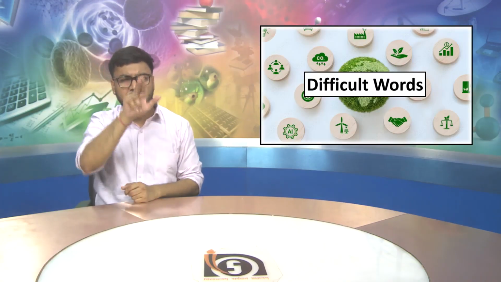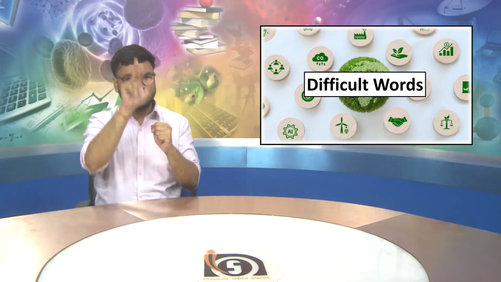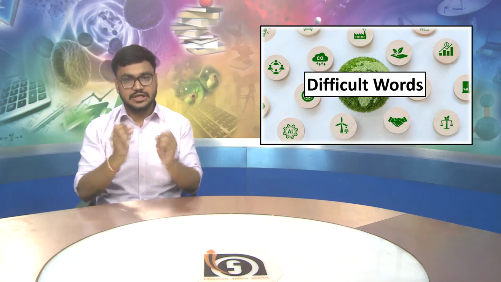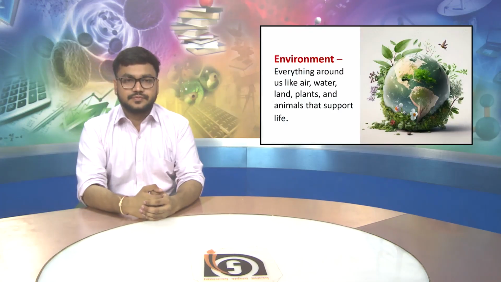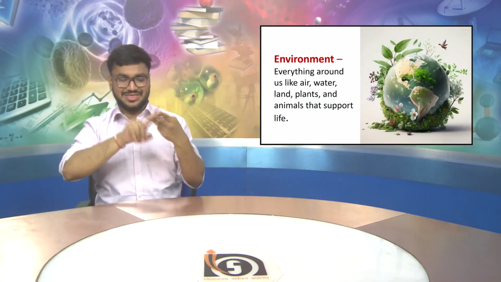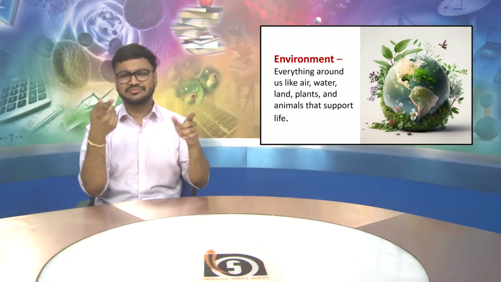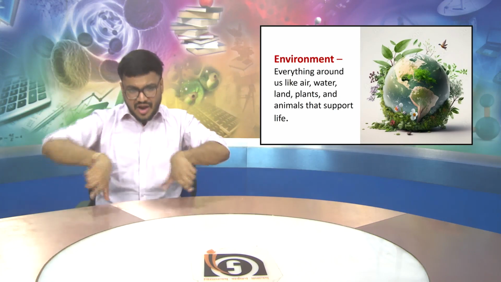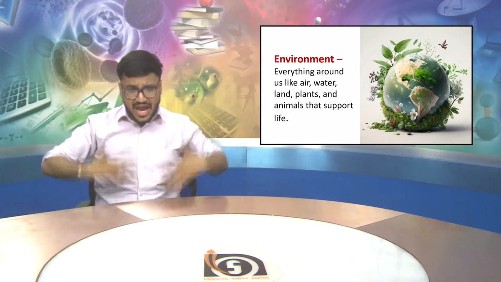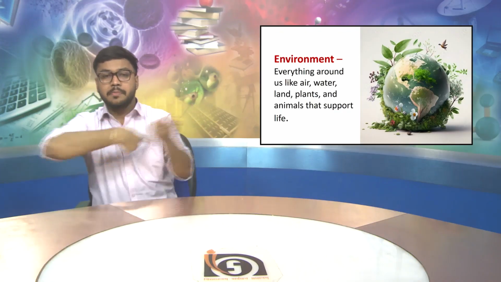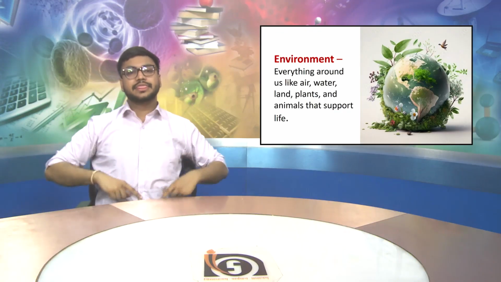Before starting our lesson, first we will learn difficult words, then start the lesson. Environment: everything around us like air, water, land, plants and animals that supports life comes in environment.